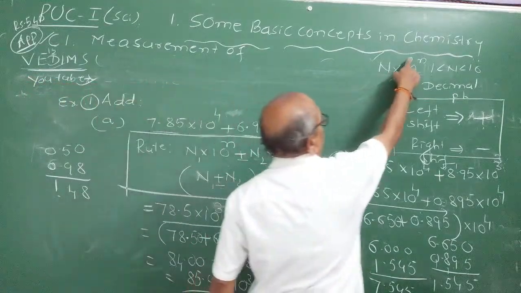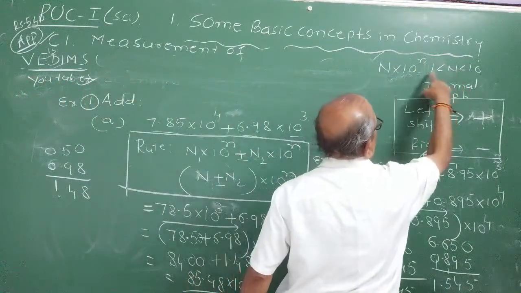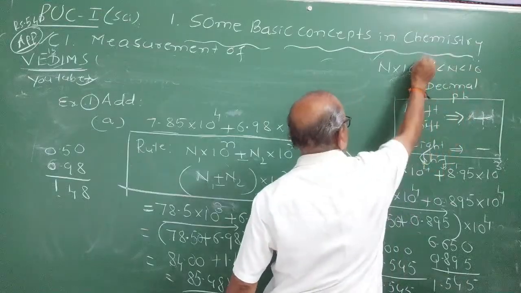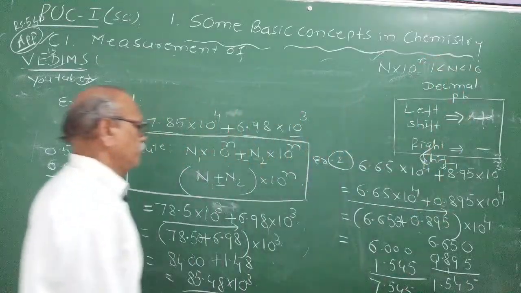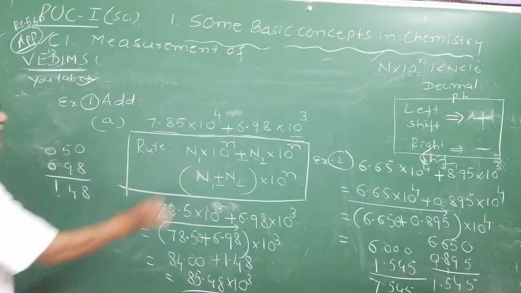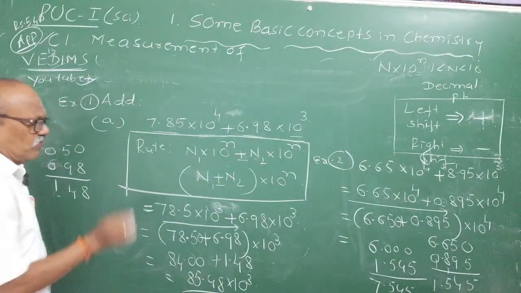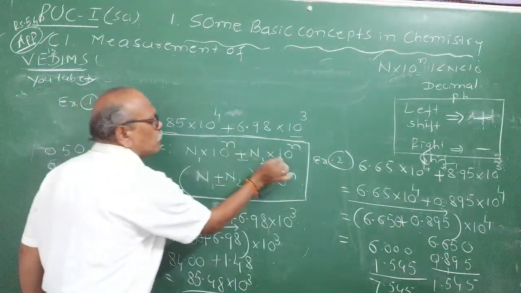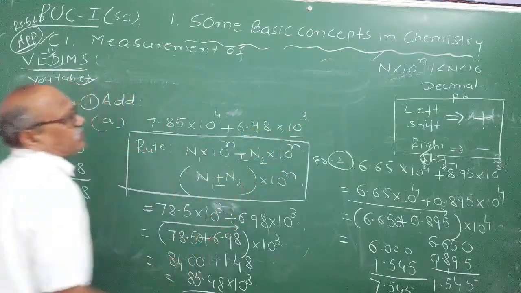N into 10 raised to n. N should lie between 1 and 10. N may be positive or negative. Generally, while adding and subtracting, the rule is you have to make the power of 10 the same by using scientific notation.